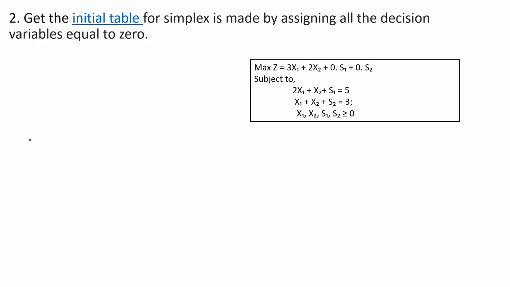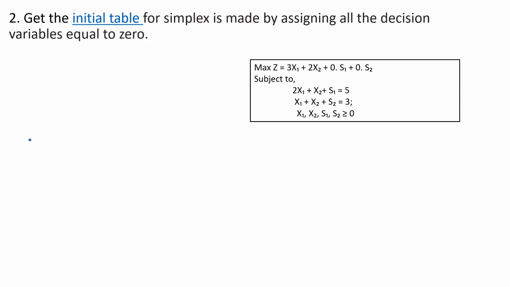Now, as you can see, how many variables are there in all? 4, right? So there are 4 variables x1, x2, s1, s2. But we have only 2 constraints, right? So with the help of 2 constraints or 2 equations, I will not be able to get the values for all the 4 variables. So in that case, I will assume 2 variables out of the 4 to be 0.